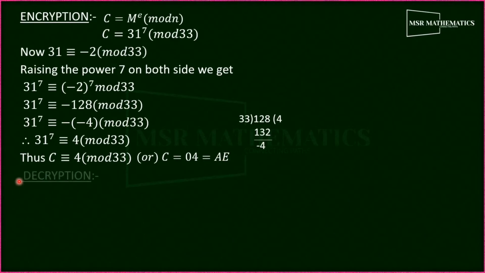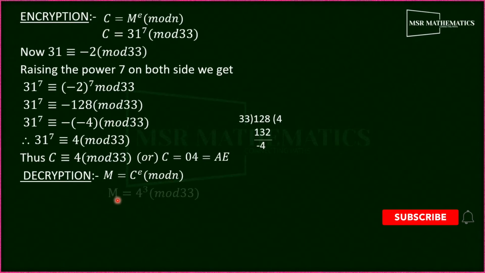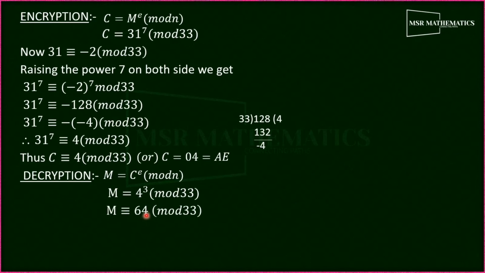In a similar way, we have to find the decryption. Here decryption is given by the formula M is equal to C power D under modulo N. Substituting the C value as 4 and the D value as 3, we get M is equal to 4 cube under modulo 33. So M is congruent to 4 cube, which is 64, under modulo 33.